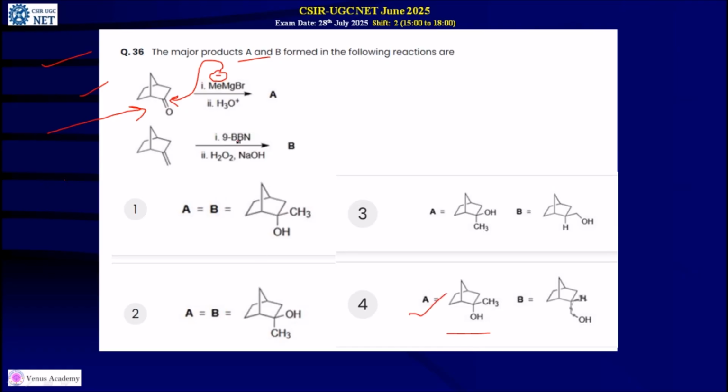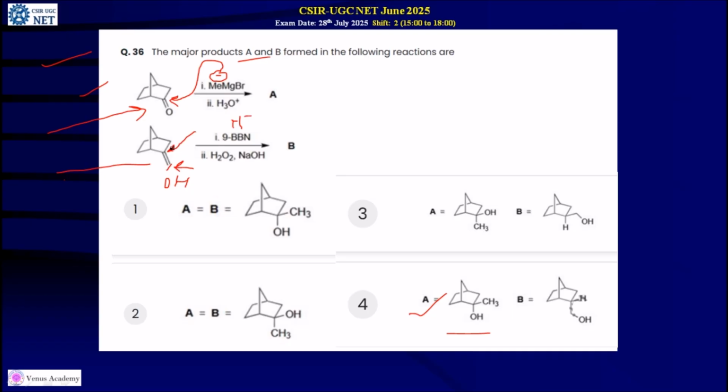So what about B? 9-borabicyclononane. So 9-BBN adds to this side, the terminal side, right? So at the terminal side, with hydrogen peroxide and sodium hydroxide, it is going to form OH here, and during the reduction of this step, it is going to form hydride ion. 9-BBN hydride reduction, it is going to give this hydrogen from this side, same as the methyl group, whereas methyl minus also comes from this side, and hydride H minus also comes from the same side.